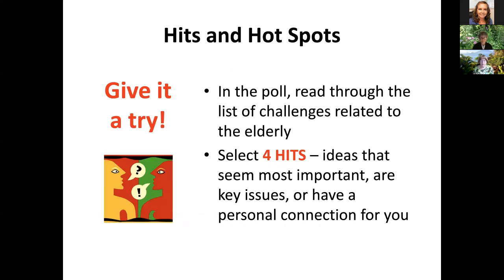How many are there altogether? There's 9 altogether. Okay, so make sure you're reading through all 9 of them, skim through first, and then pick the 4 that you want to select. We'll give you a few minutes to work on that. Make sure that after you've made your selections that you submit them.